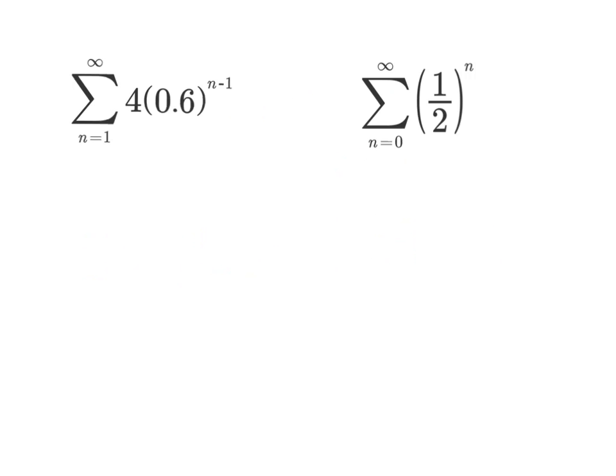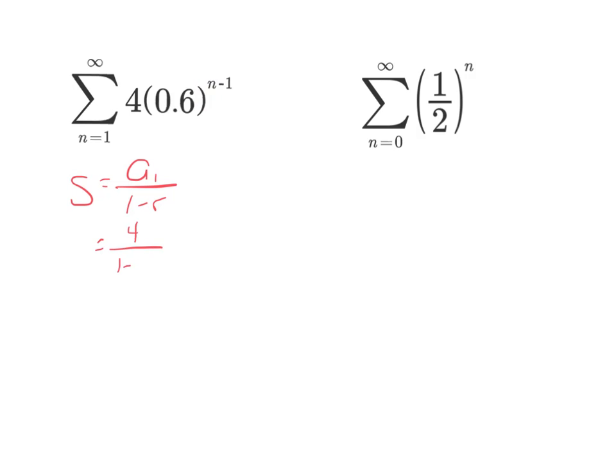So here are two examples. Notice we're adding infinitely many terms. We've got a geometric sequence here and a geometric sequence over here. So our formula looks like this. The first term, we'd have to substitute 1. We get 1 minus 1, which is 0. 0.6 to the 0 is 1. And 4 times 1 is just 4.